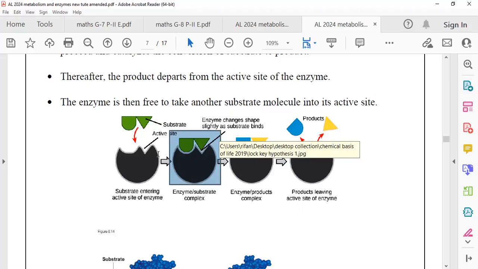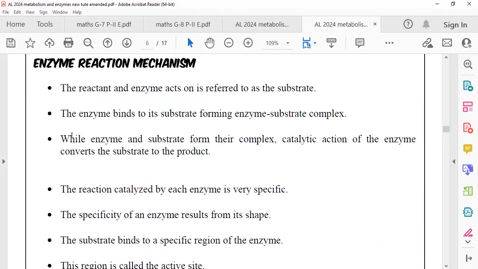Yes, sir. So simply, the note tells you like this: the enzyme binds to its substrate forming the enzyme substrate complex. Remember, if the enzyme substrate complex cannot be formed, catalytic action will not take place. Understood? Yes, sir.